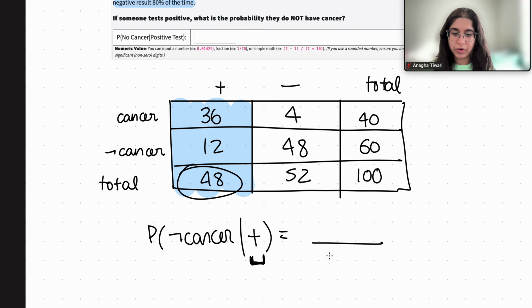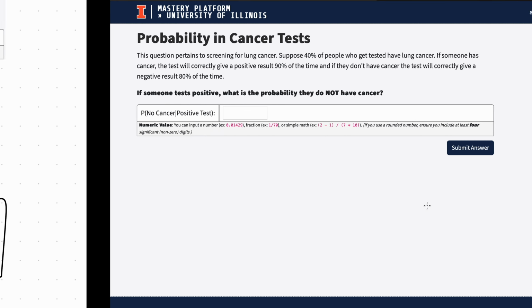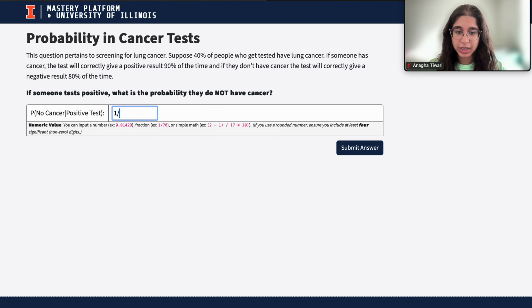So out of these 48 people who got a positive test result, what is the probability that they do not have cancer? Out of these 48 people who got a positive result, 12 of them don't have cancer, right? So it's basically 1/4. And that is your answer. So it's just going to be 1/4 here.